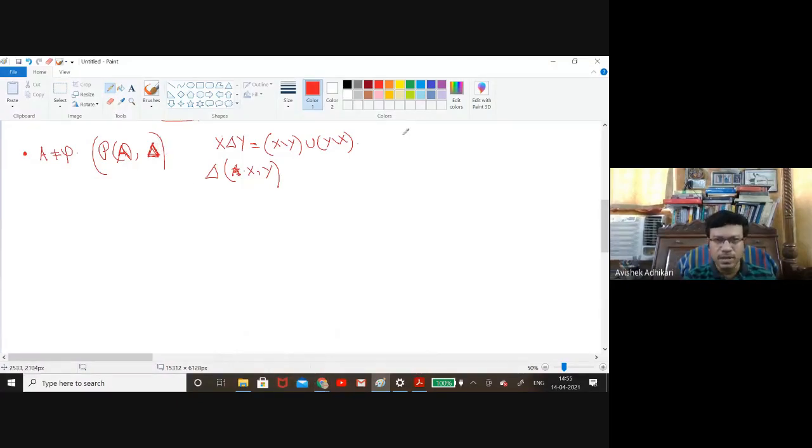That means you need to check (X Δ Y) Δ Z against X Δ (Y Δ Z), and check whether you can really shift the brackets, and that should be true for all X, Y, Z subsets of A. So I assume that you will do this associative property.